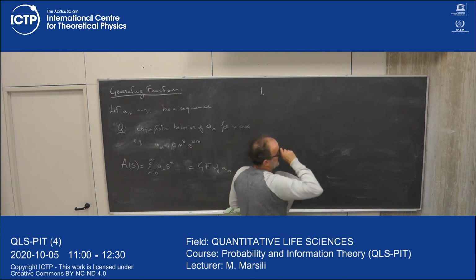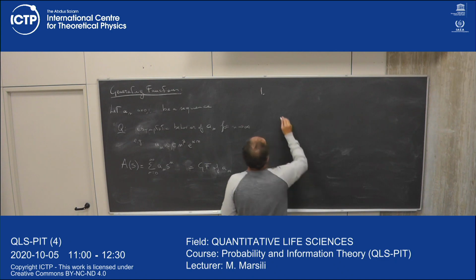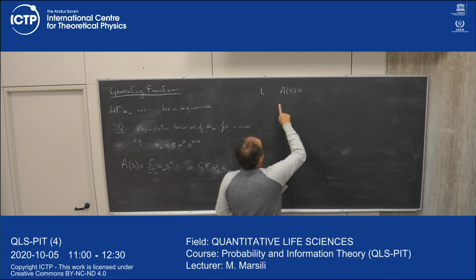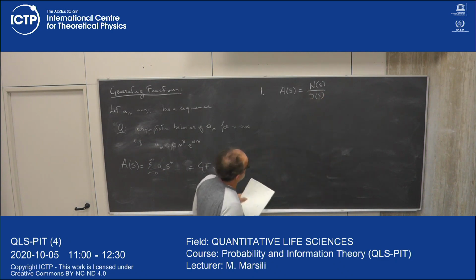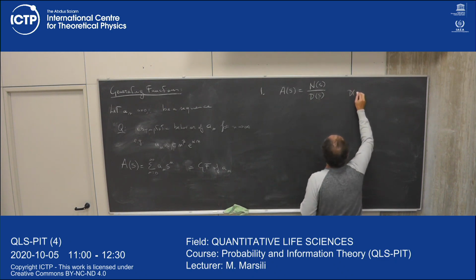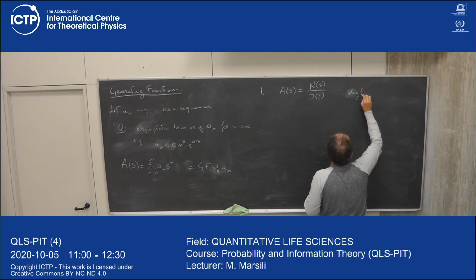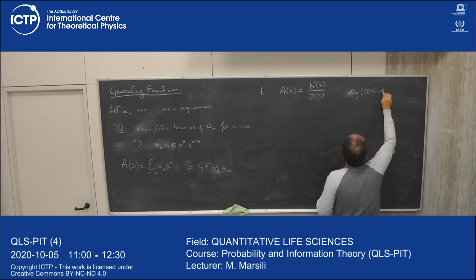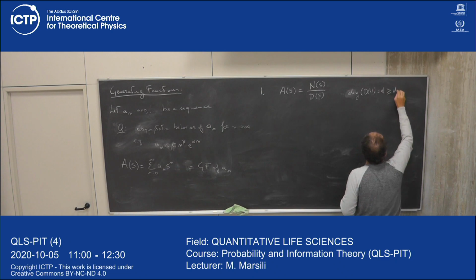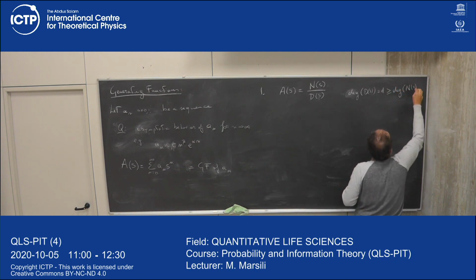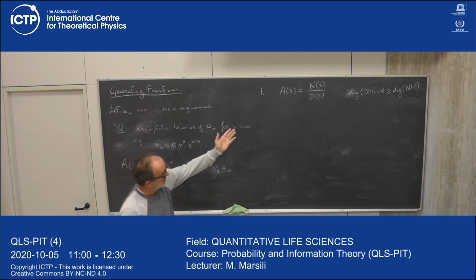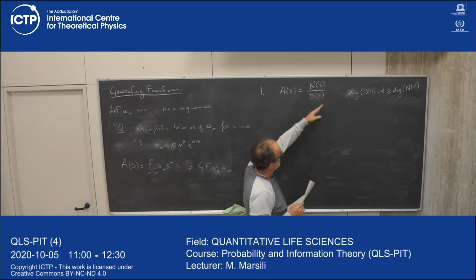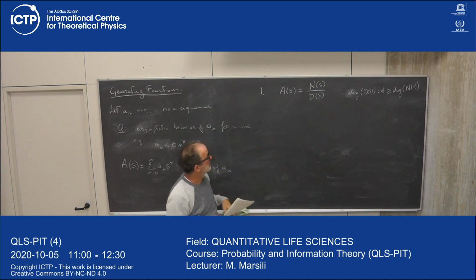The simplest case is the one like the Fibonacci numbers that we have discussed before, where the generating function is just the ratio of two polynomials, N over D, where the degree of D is larger than or equal to the degree of N. If you are not in this case, so if the degree of N is larger than the degree of D, you can easily reduce to this case by just dividing the two polynomials.